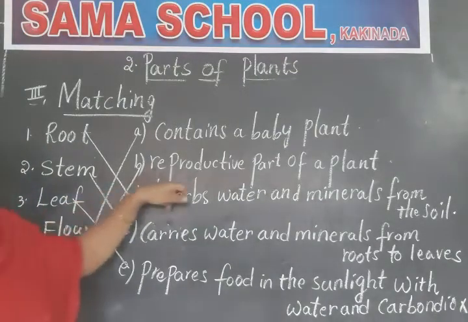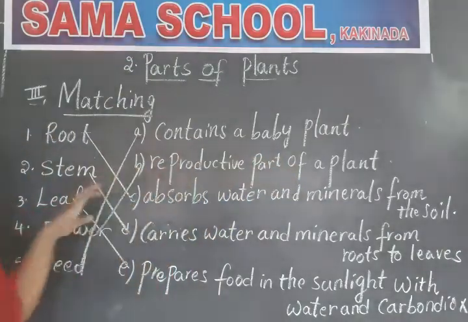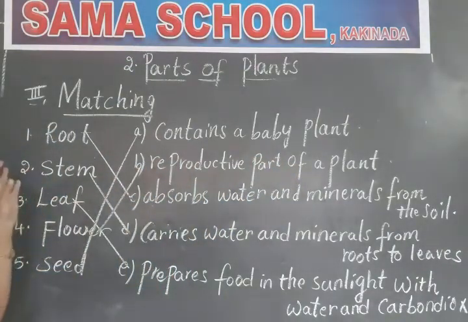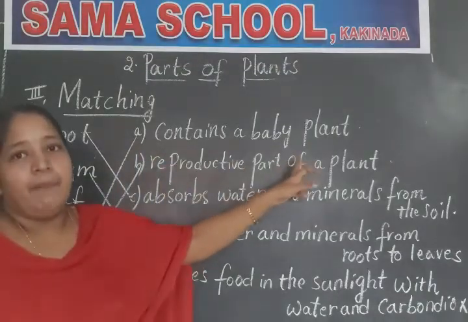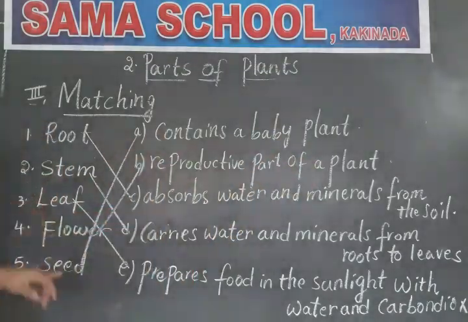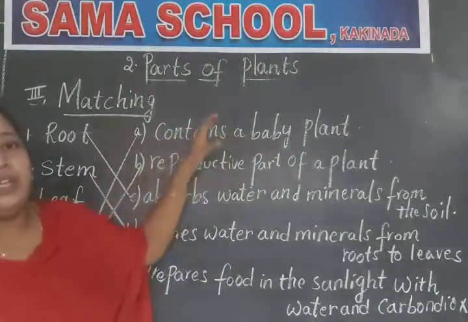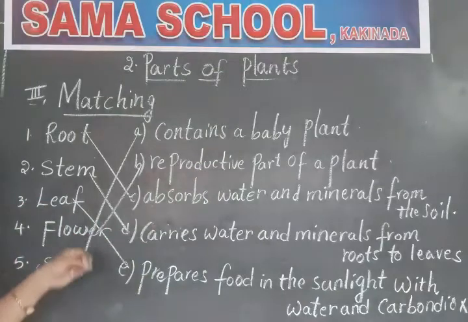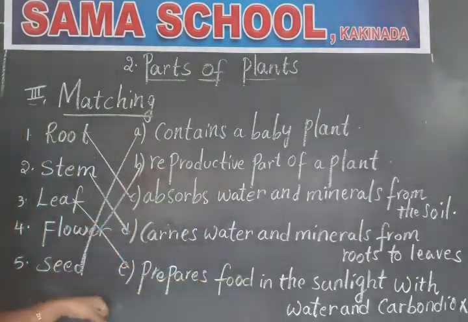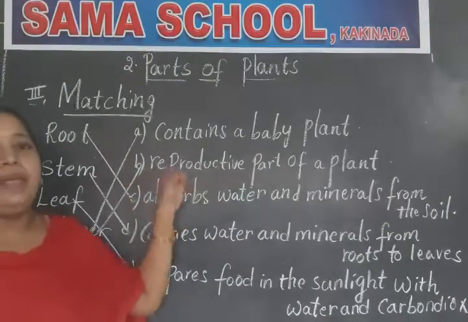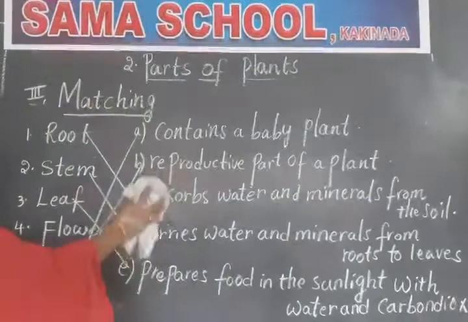Flower is a reproductive part of a plant because the flower changes into fruit and the fruit contains seeds, and from the seeds a baby plant comes out. And the last one, seed. Seed contains a baby plant. When you sow a seed and give water properly, it will get sunlight and that seed changes into a baby plant. Clear, children? Okay. Let's move into the last problem.